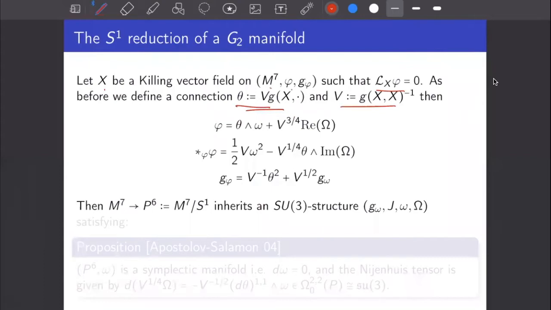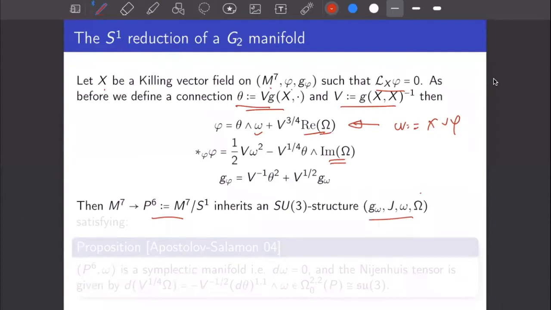Then, the 3-form can be expressed in the following way. You can define a non-degenerate 2-form omega by simply contracting the vector field X with your 3-form, and similarly we can define a 3-form by this expression here. Here's the real part, here's the imaginary part, and all this data being S1 invariant will descend to the quotient space, which I'm calling P6 here, and this will give an SU(3) structure on the quotient space.